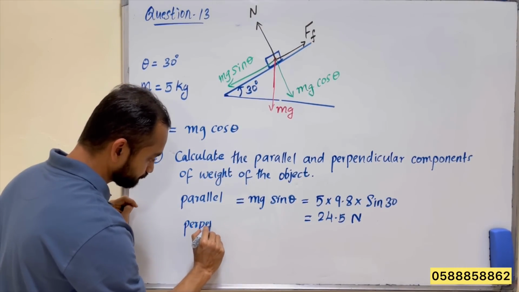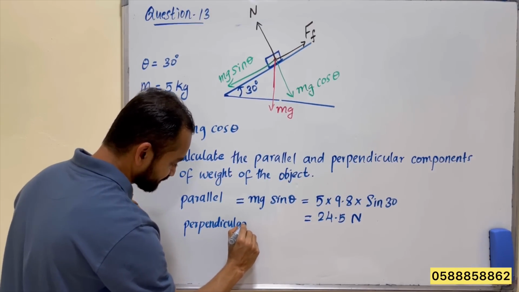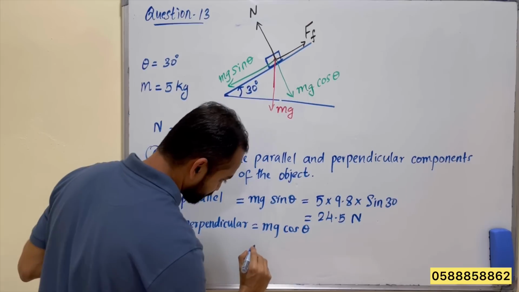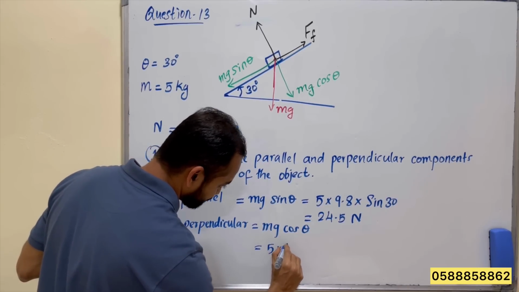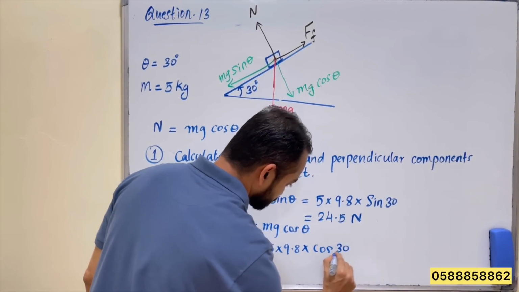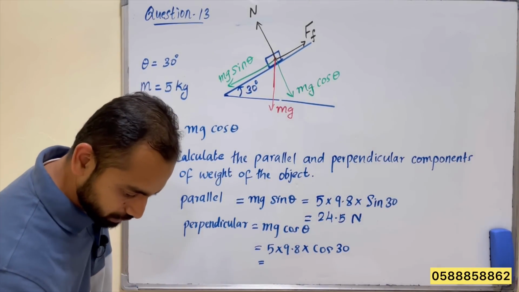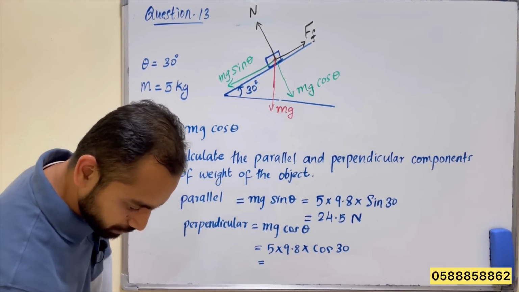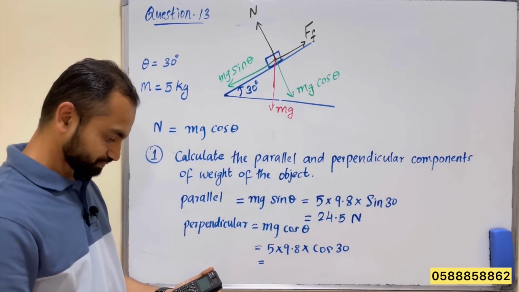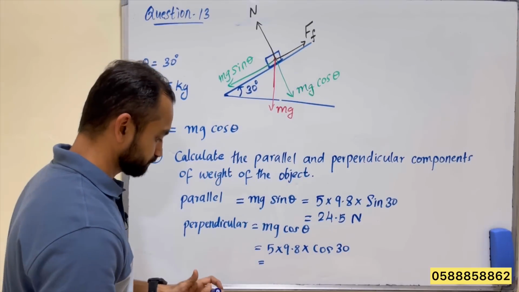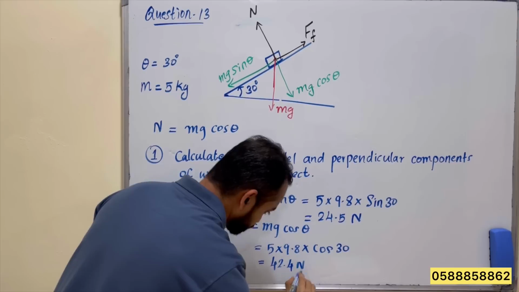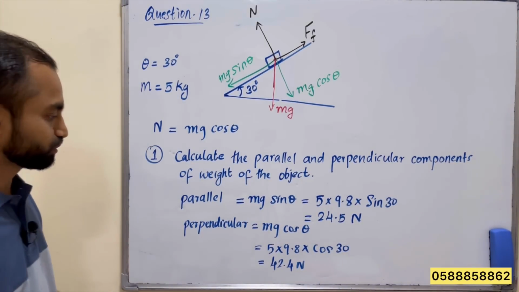So perpendicular equals mg cos theta, which equals, m is how much? 5 multiplied by 9.8 multiplied by cos 30 degrees equals 42.4 Newton. So this is the parallel and perpendicular component of the weight.